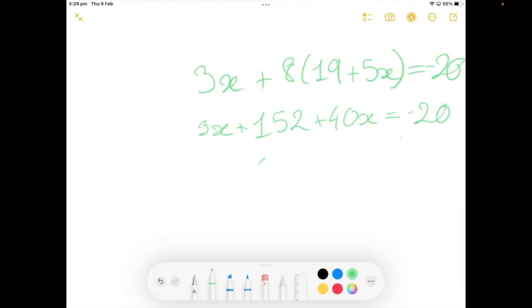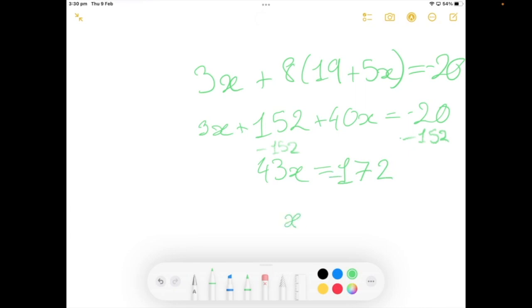Then we put these two together, 43x. I'll just minus this right now. So we're doing negative 20 minus 152, which is negative 172.